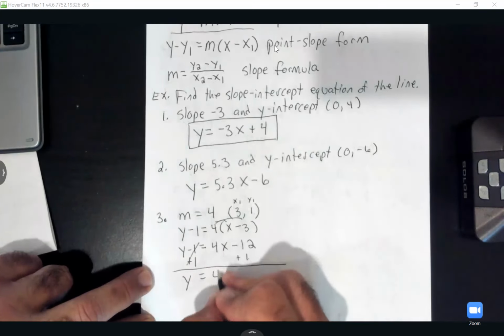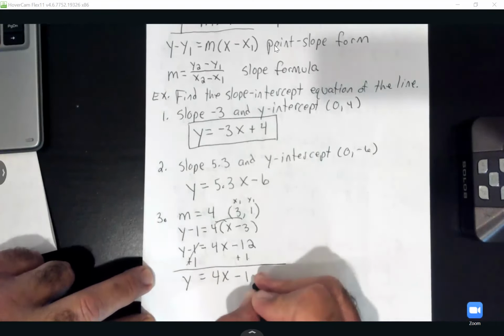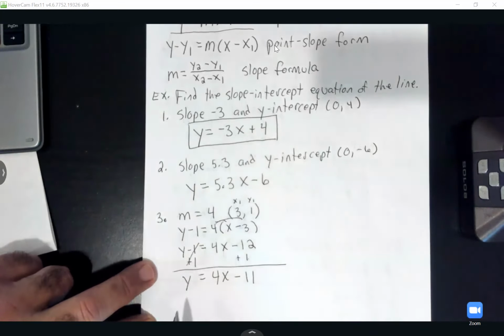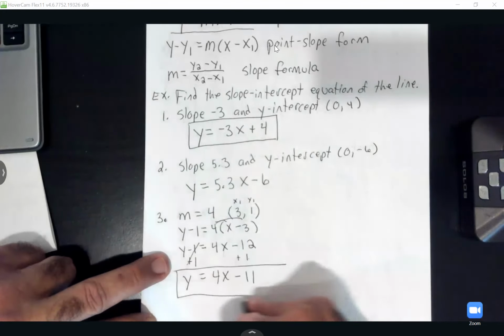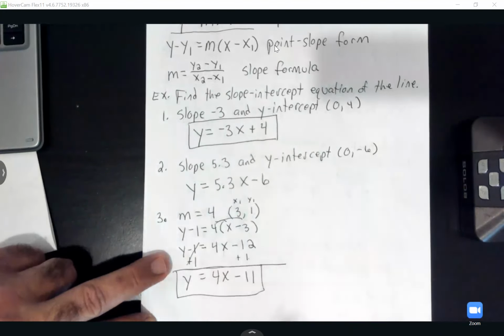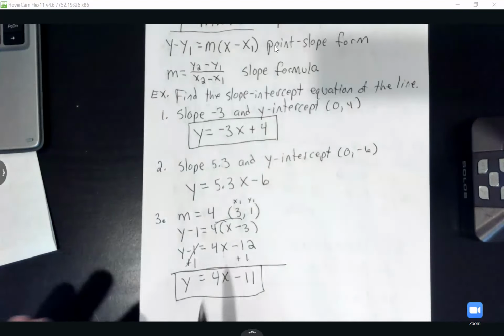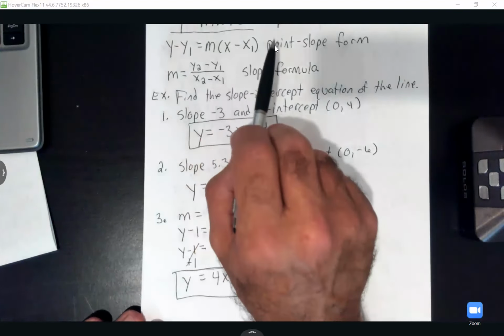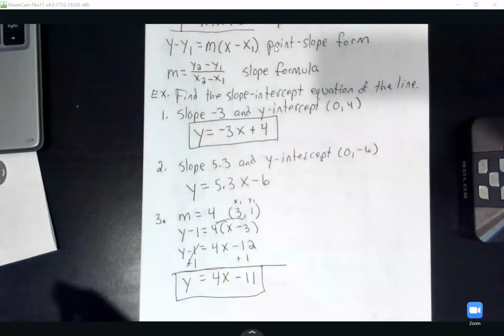Over here, bring down your 4x. -12 plus 1 gives us a -11. All right, we're now in slope-intercept form. So this is our final answer. So sometimes if you're given a point that's not the y-intercept, you're going to use that point-slope formula, okay?